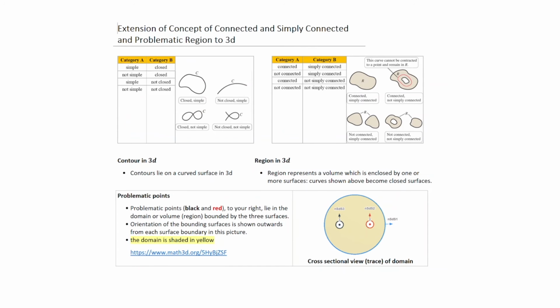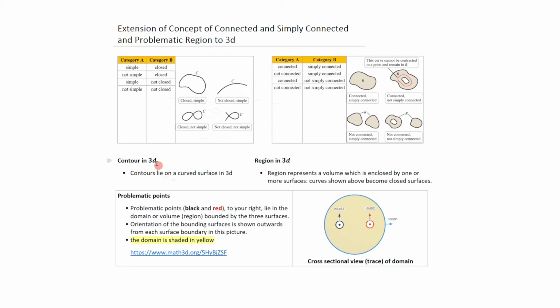All right, how do we extend the concept of connected, simply connected and problematic regions to 3D, which means applying the divergence theorem and Stokes' theorem? So I've just repeated the figures here, and I'm going to make an assertion that in 3D, we are basically just talking about the geometries being different, but the concepts being more or less the same.